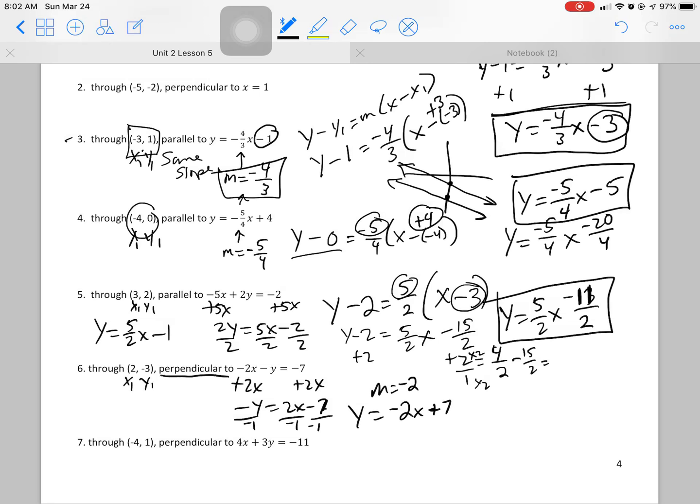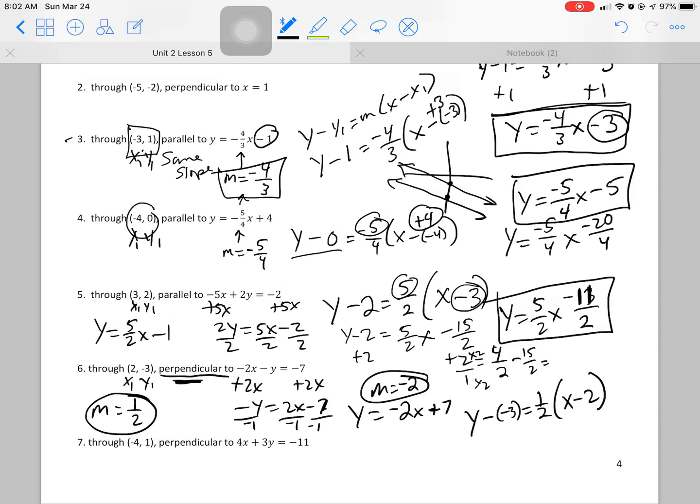Oh, and this needs to be perpendicular. So the slope that we need, if that one's negative 2, this one has to be a positive half. So y minus y1, which is a negative 3, equals 1/2 times x minus 2.